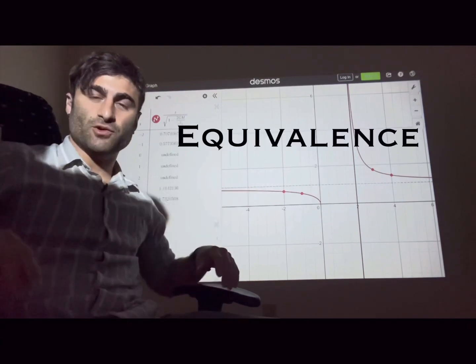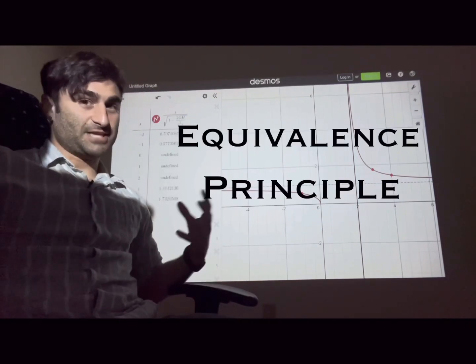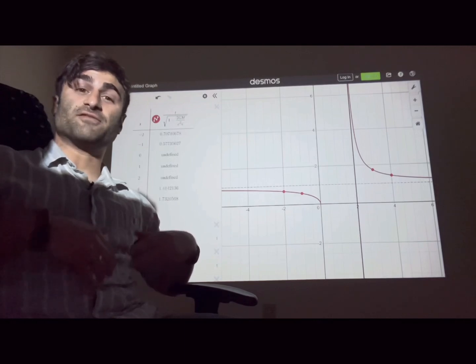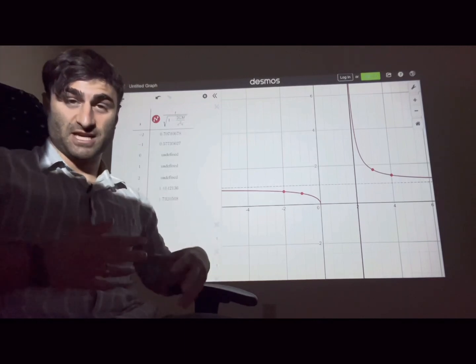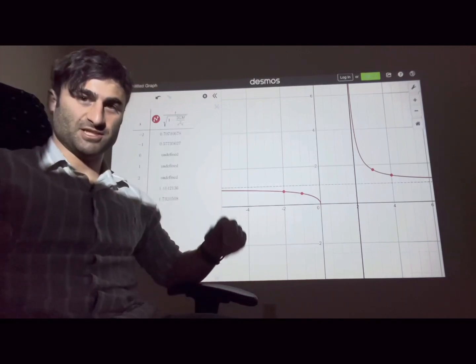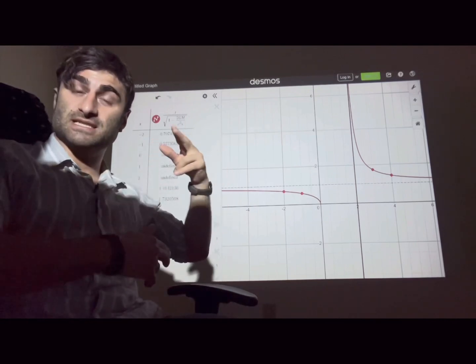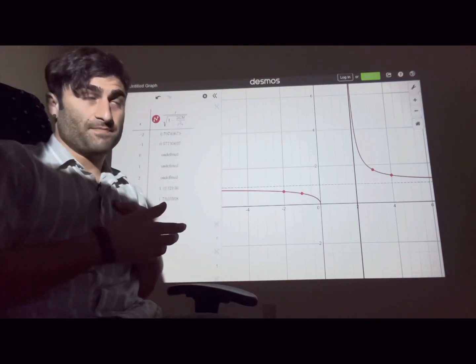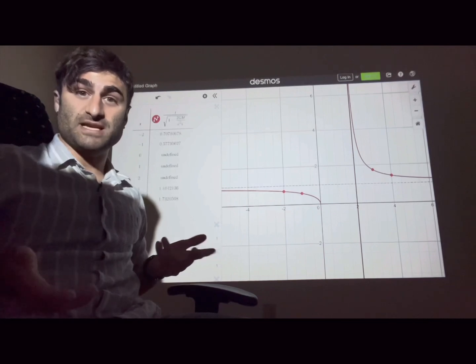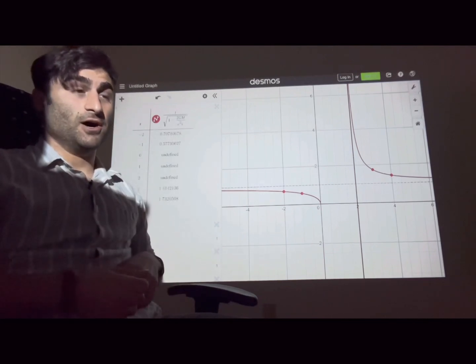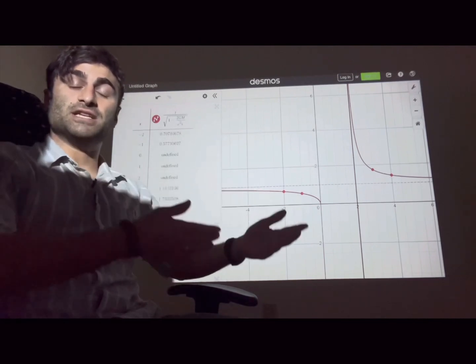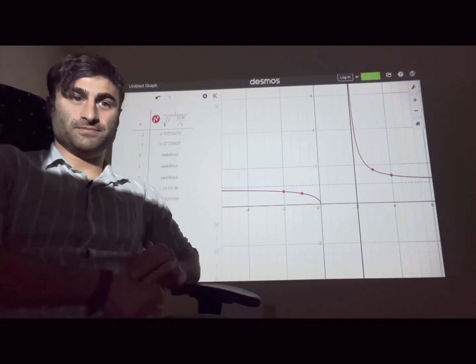This is due to the equivalence principle. At the same spot, the effects of gravitation must affect me the same. That's the equivalence principle. But since I'm on opposite sides, I experience the metric, the manifold of space-time, differently. So that's why both sides are inversely proportional to each other.